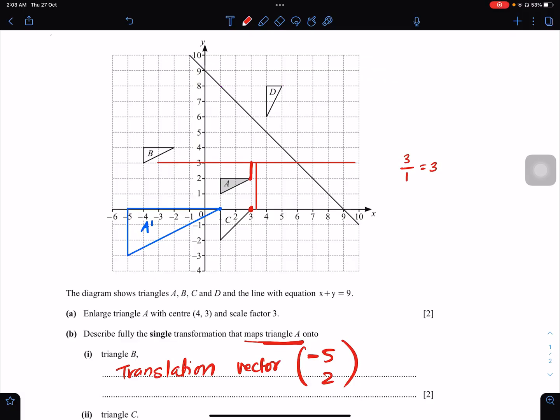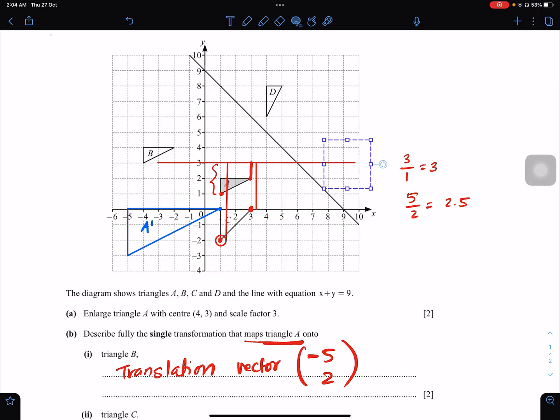If I look at this point, the corresponding point on the original figure is 2 units away from the invariant line. Now it is actually 1, 2, 3, 4, 5 units away from the invariant line in the transformed figure. So 5 upon 2 gives a different stretch factor. So y equal to 3 is actually not the invariant line.